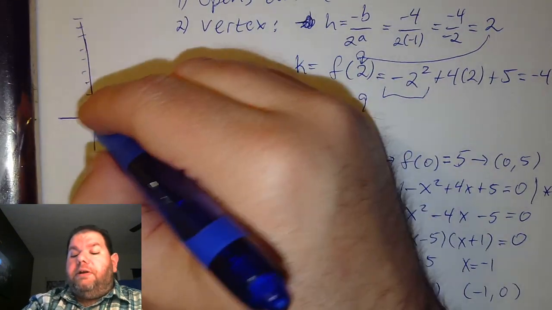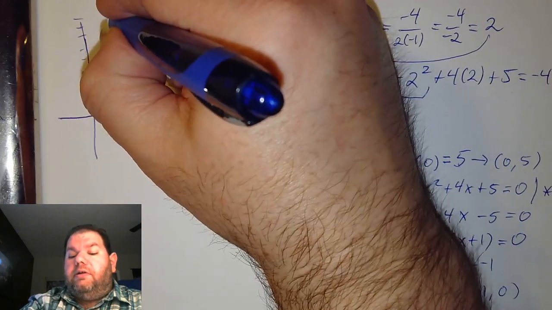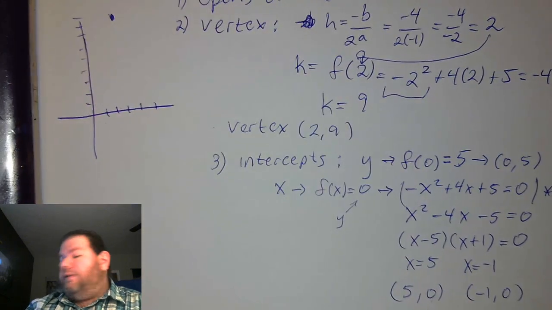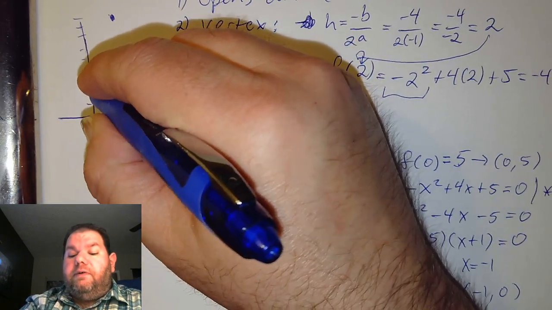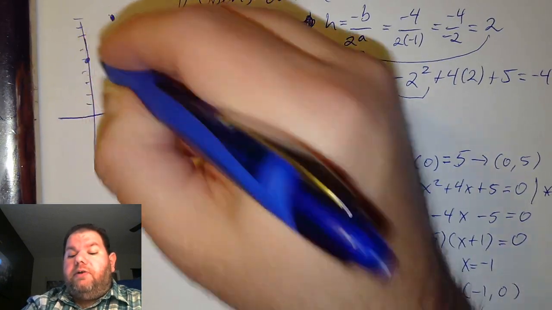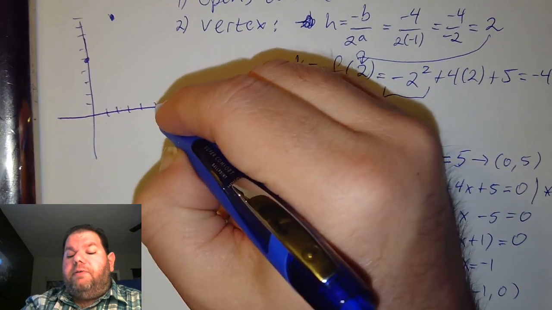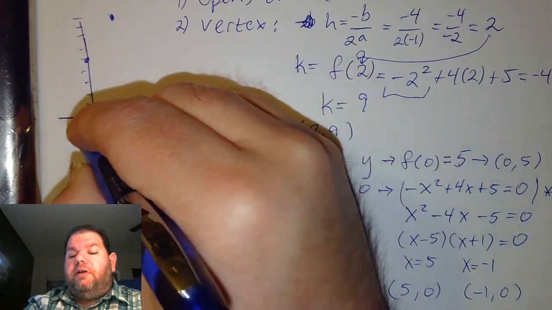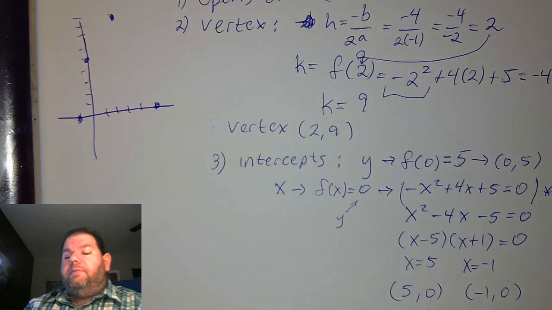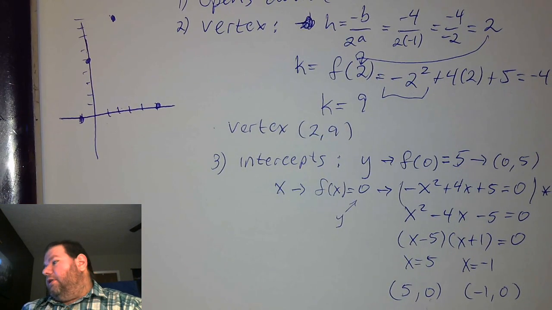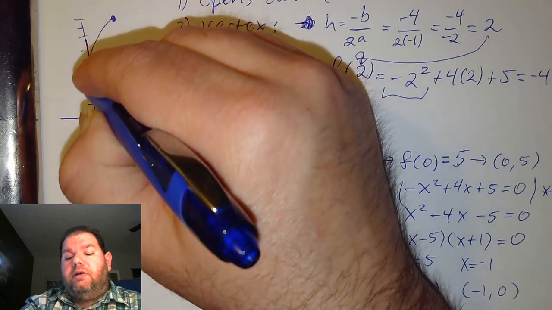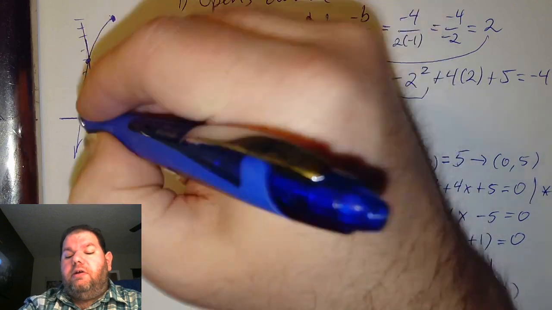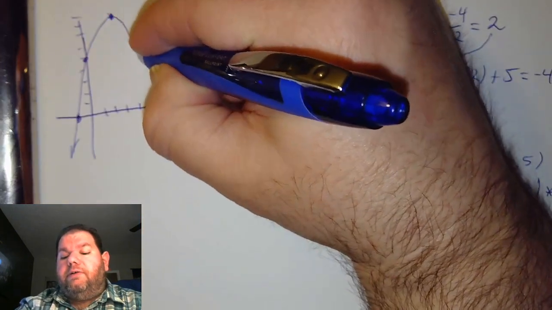So we have 2, 9 is the vertex. 0, 5 is the y-intercept. 5, 0 is one x-intercept, and then -1, 0 is the other. And so connecting these from the vertex will allow us to sketch the parabola.